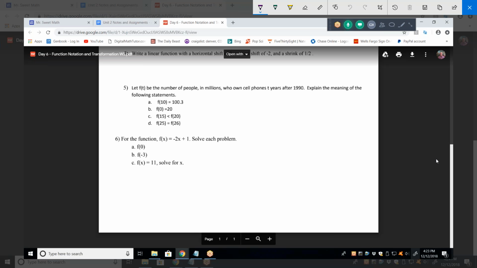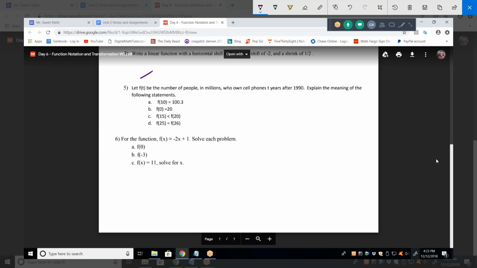So what would f of 10 be? Wouldn't it be a horizontal? No, that's a little different. Mainly we want to get you used to this notation. f of t means one thing: it's the number of people in millions.